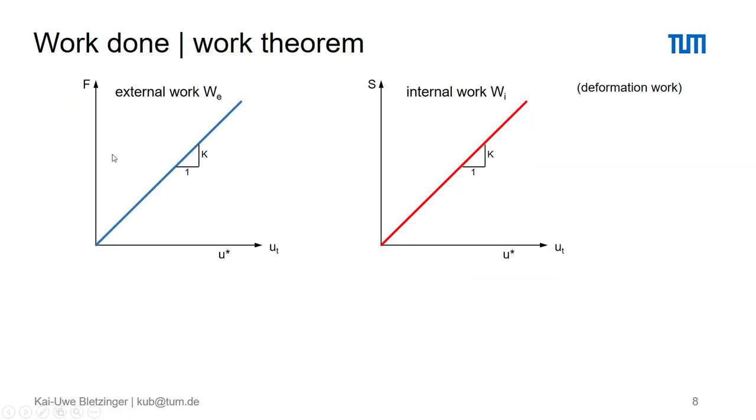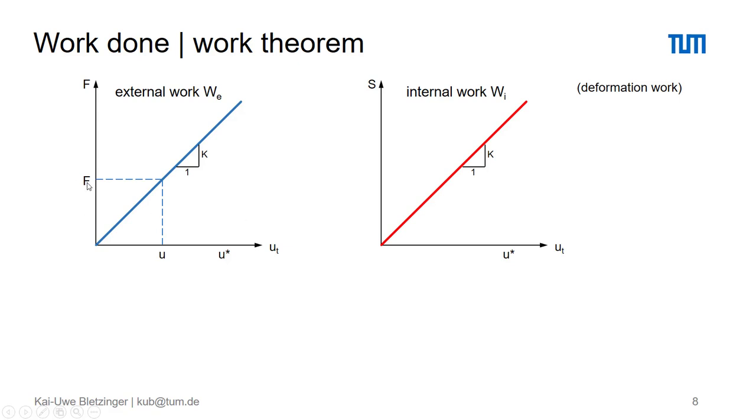We can now draw these graphs for the increase of the external force F and the internal force S, as the longitudinal displacement just increases from time 0 to time 2. And as the functions for the forces are linear functions in U, it's no surprise that we receive these straight lines, where the slope is just determined by the stiffness.